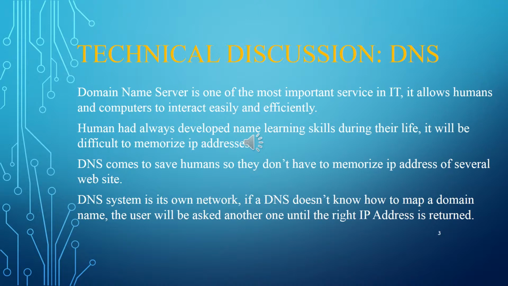DNS is a system that has its own network. If the DNS doesn't know how to map a domain name, the user will be directed to ask another one until the right IP address is returned.